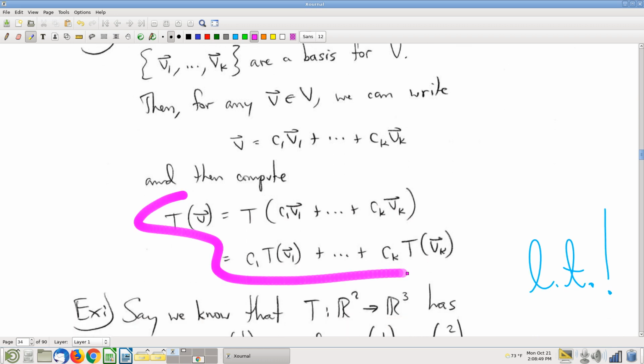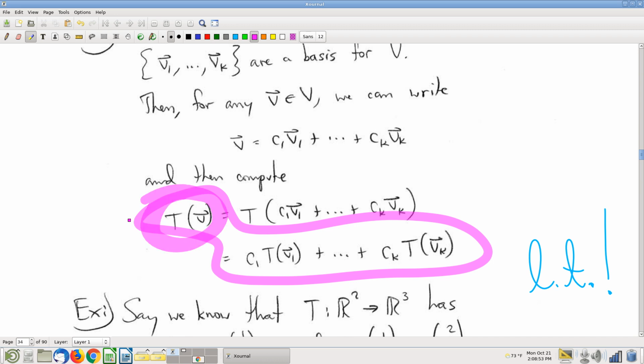If I heard you correctly, the image that we're trying to find is, as an immediate consequence of linearity itself, a linear combination of the given images. Every image is a linear combination of the given images because every input vector is a linear combination of the known basis vectors.